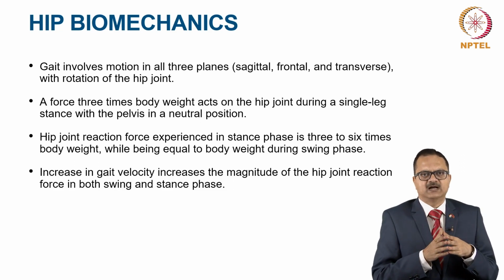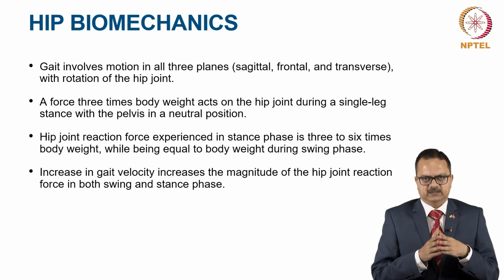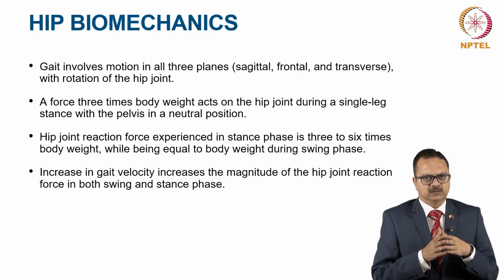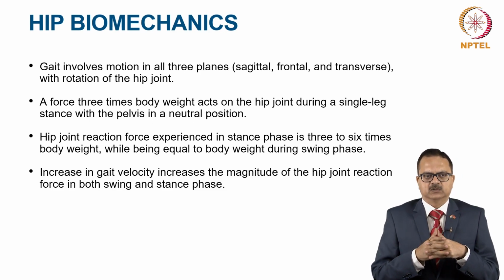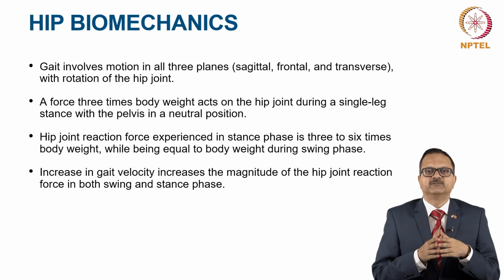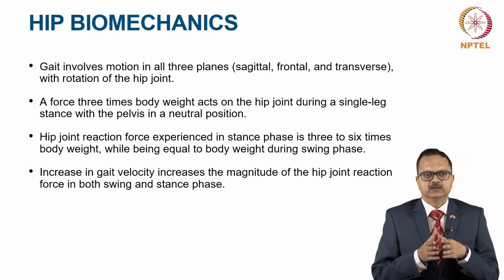When we are in the stance phase of gait, that means when the foot is on the ground, the hip joint reaction force is 3 to 6 times body weight. However, when we are in the swing phase of gait, that means when the foot is off the ground, the hip joint reaction forces are equal to the body weight.